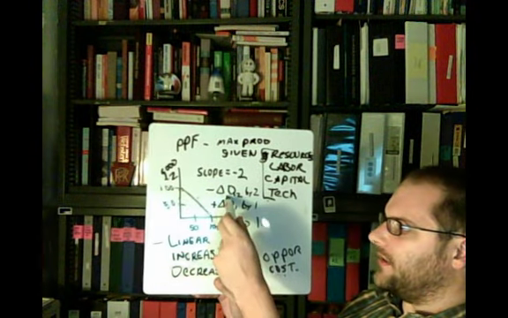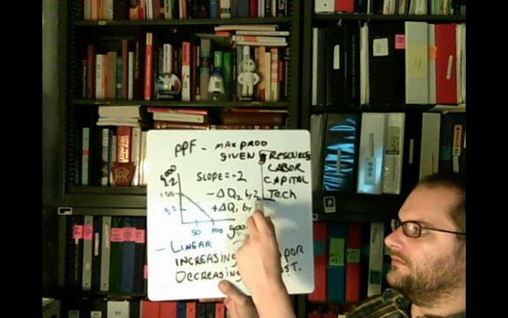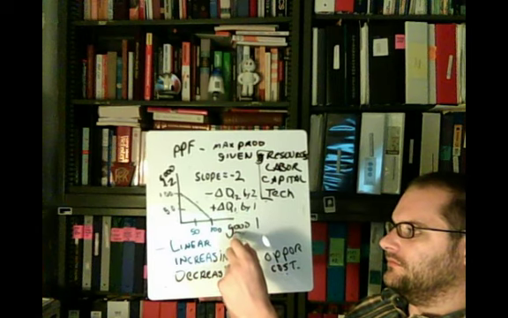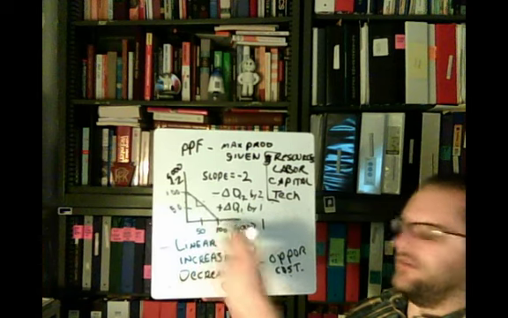So that would mean negative delta, the triangle meaning change, or you could call delta, that the quantity of good 2 falls by 2, and that the quantity of good 1 increases by 1. So the change in quantity of good 2 decreases by 2, and the quantity of good 1 is increasing by 1. So the slope is the same at all points along the frontier.